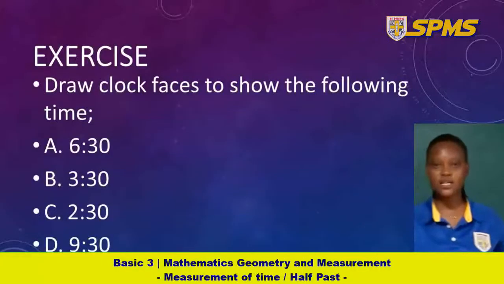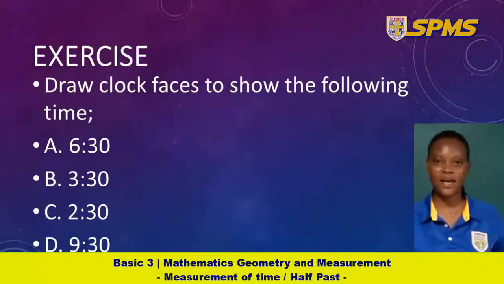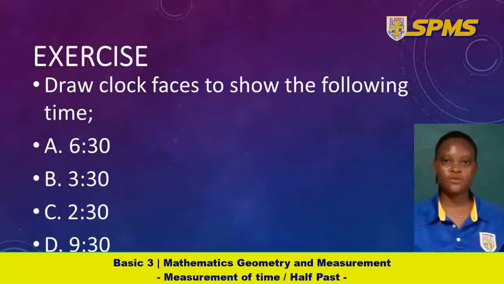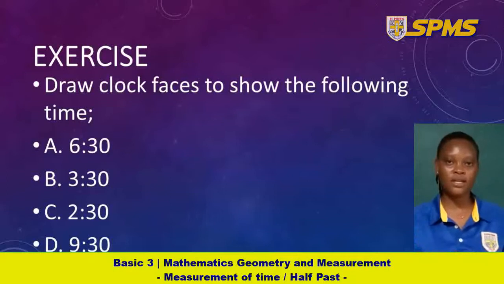Now in your jotters, draw clock faces to show the following times. So you draw a clock with the hands to show the following time. So our first time is 6:30. You draw a clock. Where would the hour hand be, and where would the minute hand be?